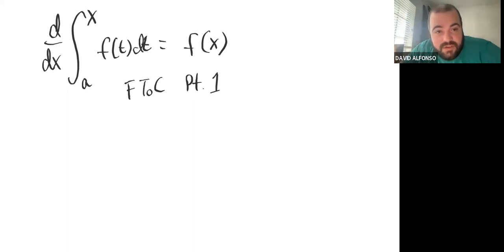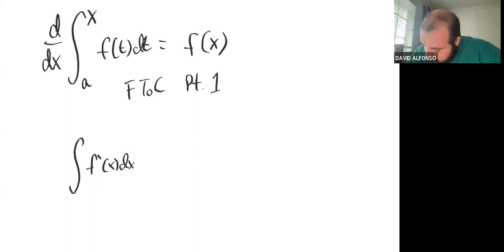The net change theorem, which just states this, is really just the fundamental theorem with application.